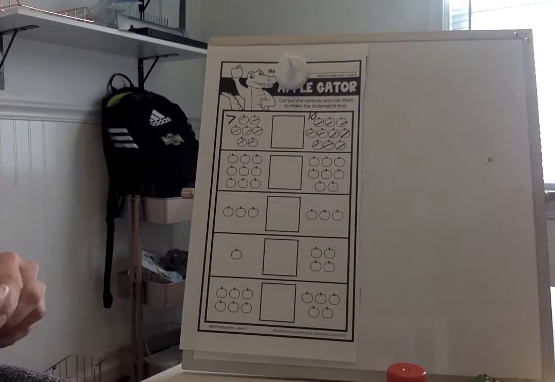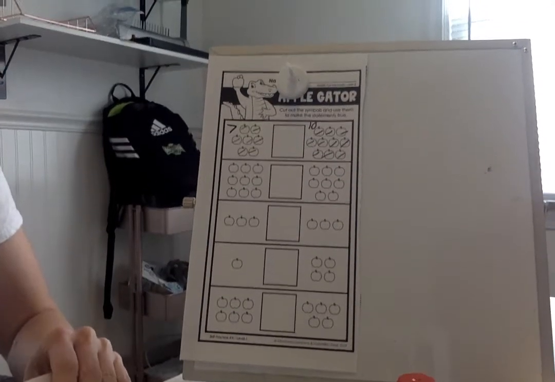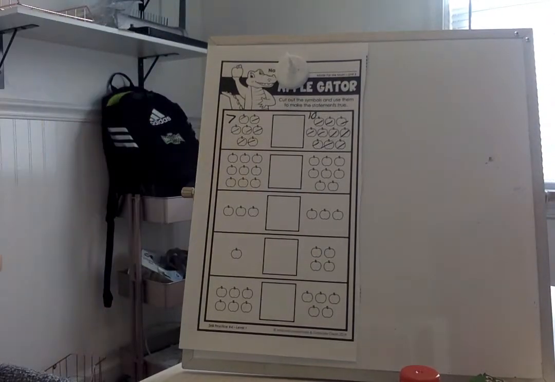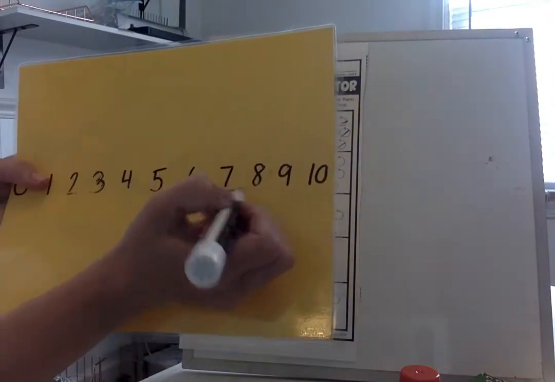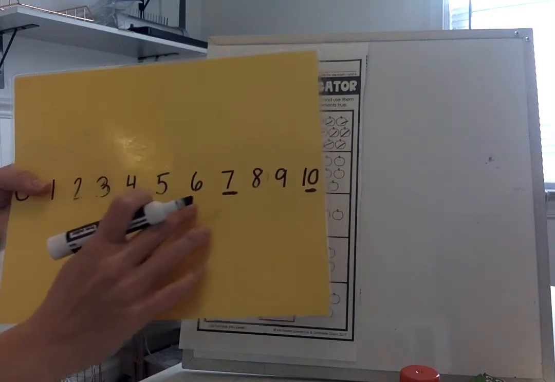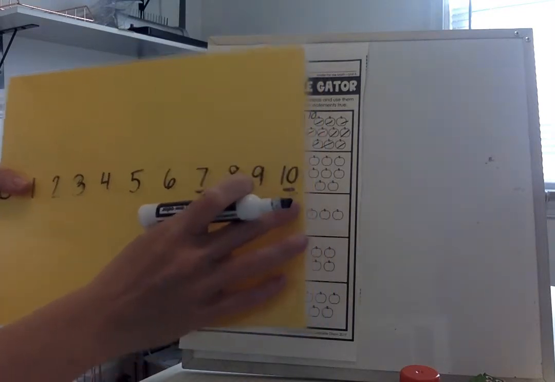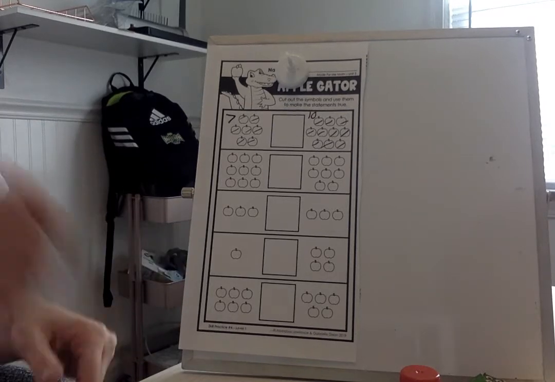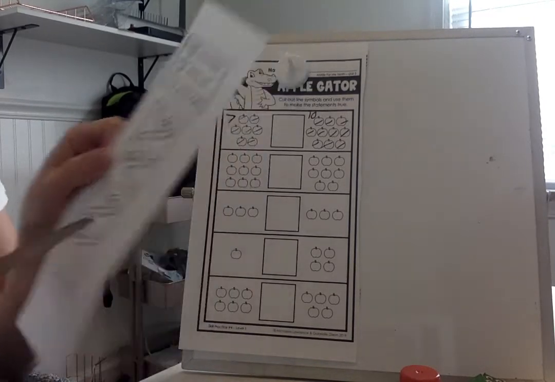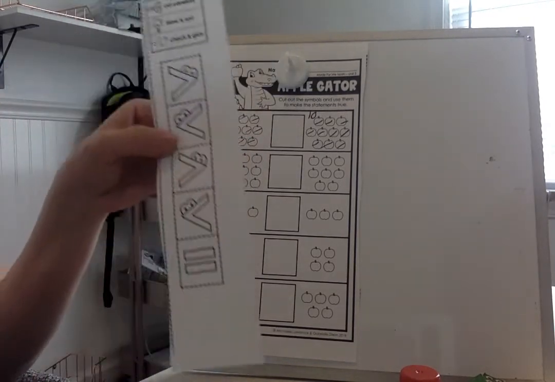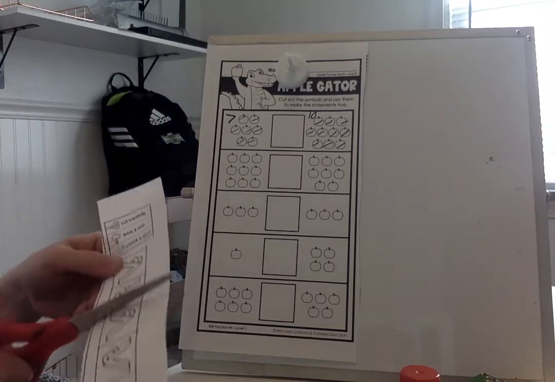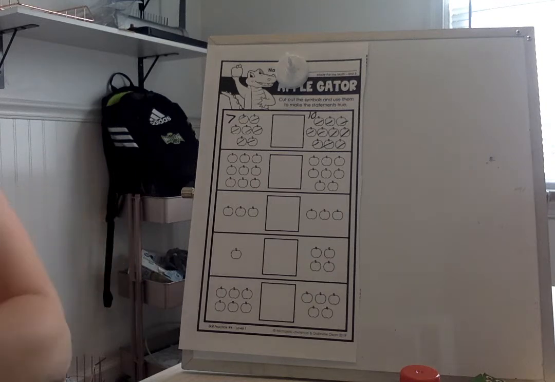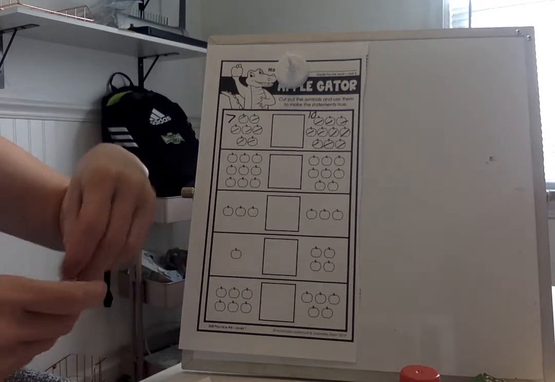So we want to know which one is bigger. The alligator is going to eat the bigger number. So if I have my number line, I have 7 and 10. Which one comes later? 10. Very good. So 10 is the bigger number. So the alligator's mouth is going to want to eat the 10. So I need to look at my alligator's mouth, and I'm going to cut one out so that it's facing the number 10.